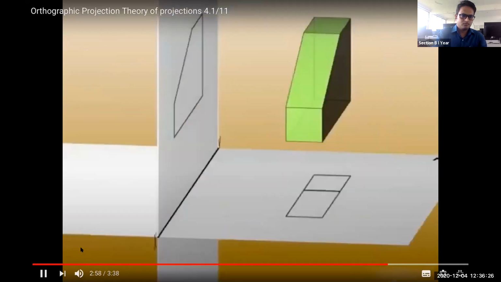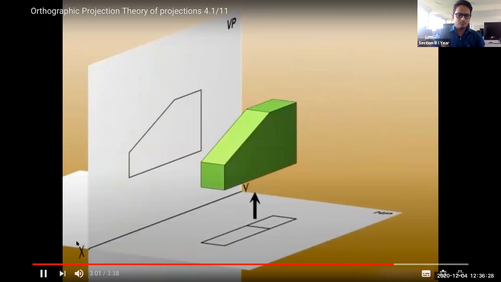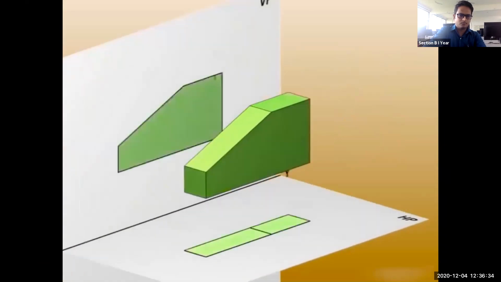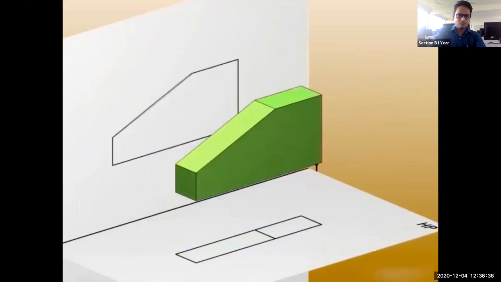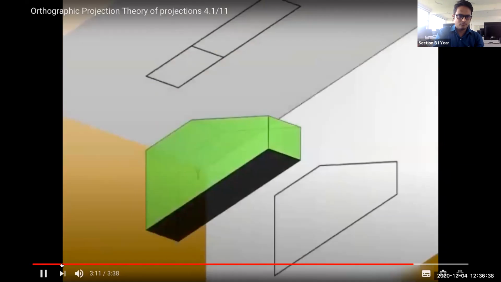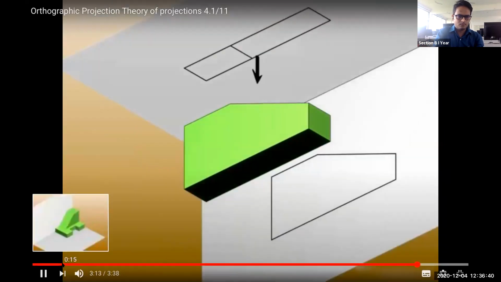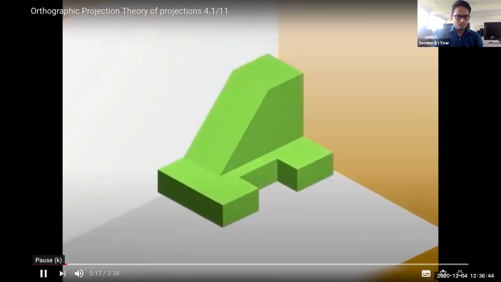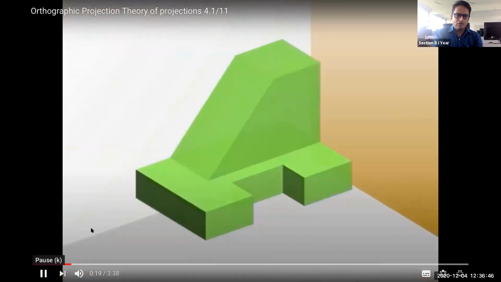In the first angle projection, the object lies above HP and in front of VP. The projection of the object is like a mirror image. For the third angle projection, the object lies below the HP and the shape of an object is represented as a combination.